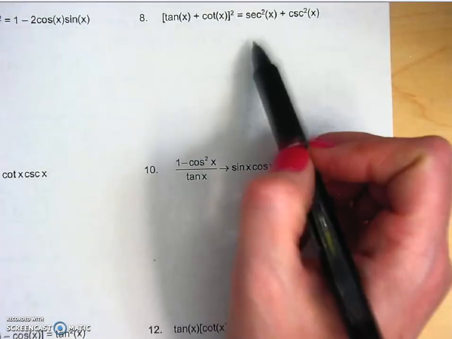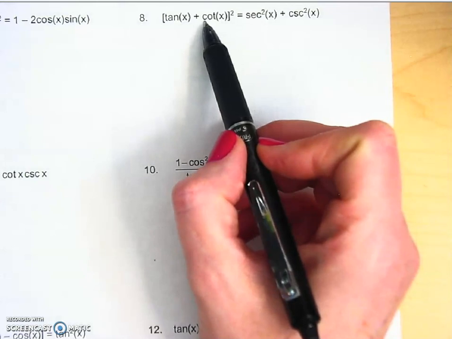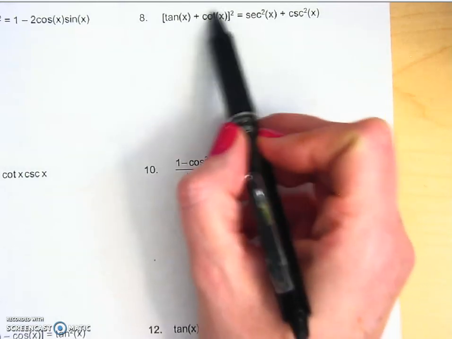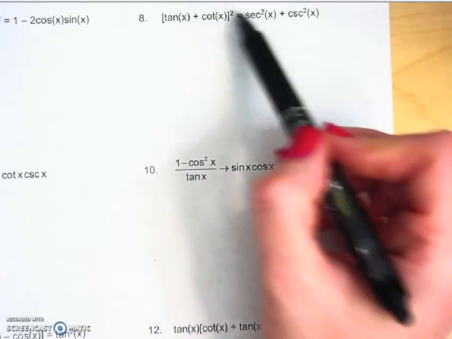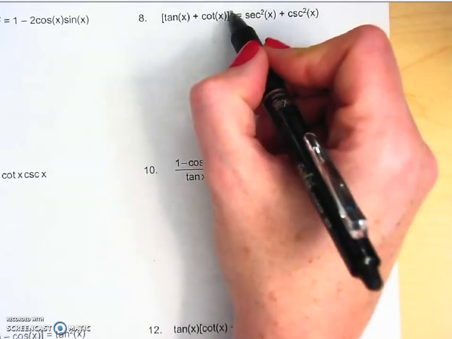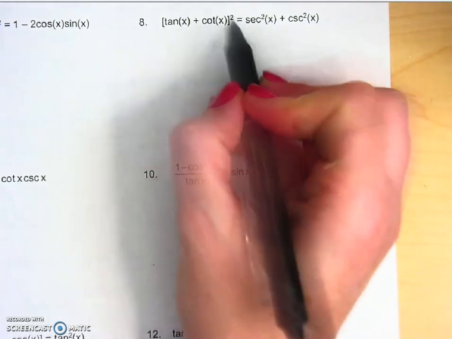All right, for this problem, I'm going to start by rewriting cotangent as 1 over tan. And then notice that this entire thing right here is squared. So the tan x plus cotan x is squared.